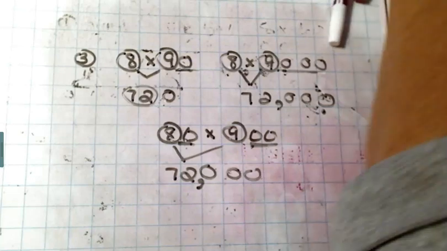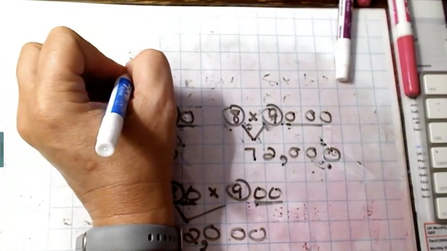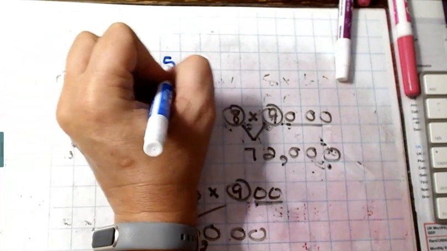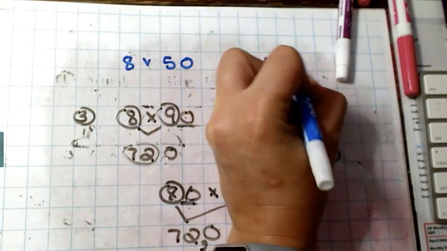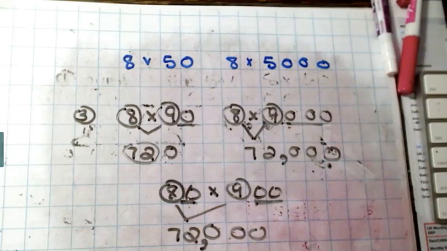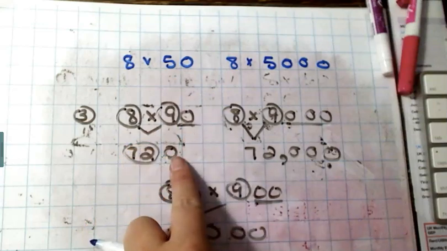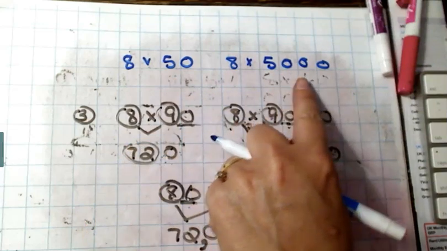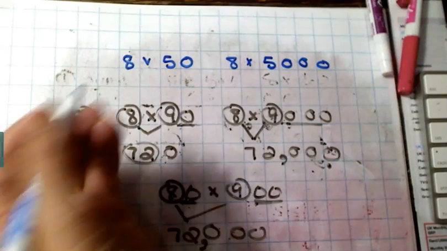And I'm actually going to do it right at the top. So it wanted me to compare 8 groups of 50 and 8 groups of 5,000. Well, I'm thinking about patterns. The answer here should have how many zeros? 1. And the answer down here, the product or the multiple, should have how many zeros? 3, right? Well, let's see.